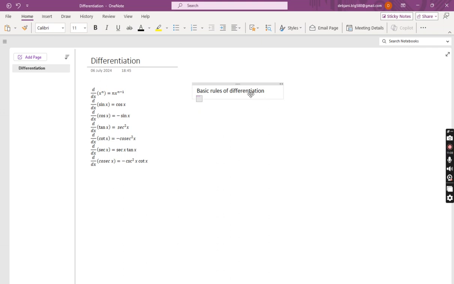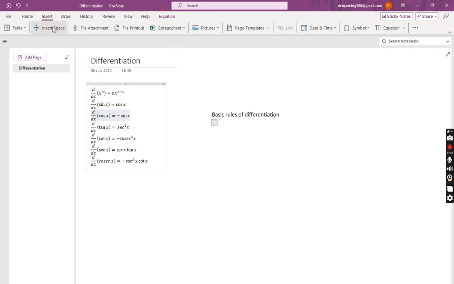If someone asks you what the basic rules of differentiation are, tell them that these are the basic rules of differentiation.